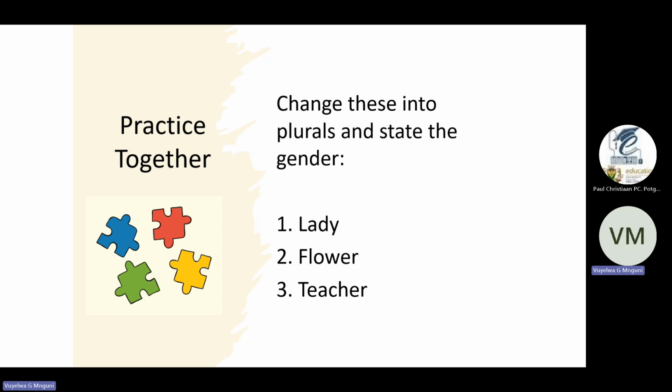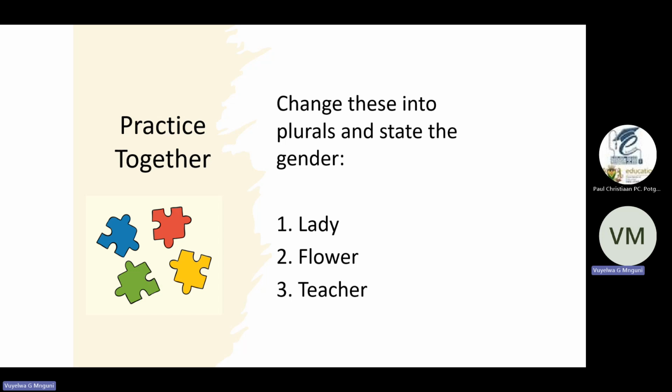We don't say men. Remember, we only have one lady. Can we have gender for flowers? Definitely no, because this is neuter. Can we have it for teacher? Definitely no, we do not have gender for teacher. Remember, we said for common and neuter nouns, we do not have gender. They are just common.